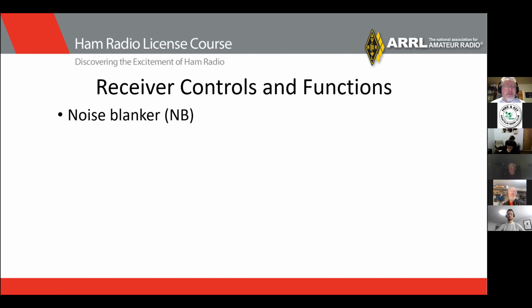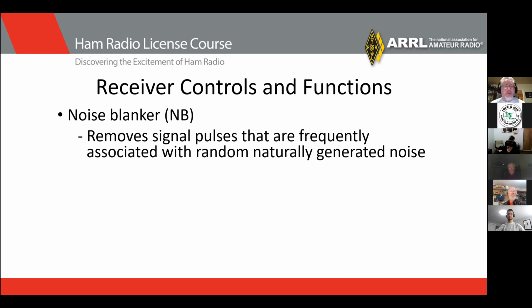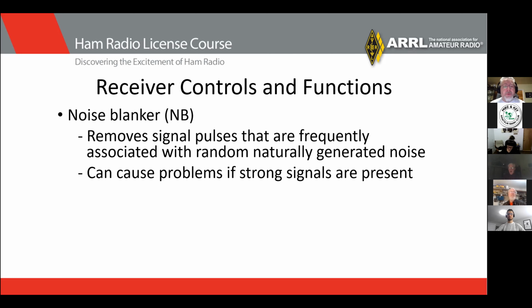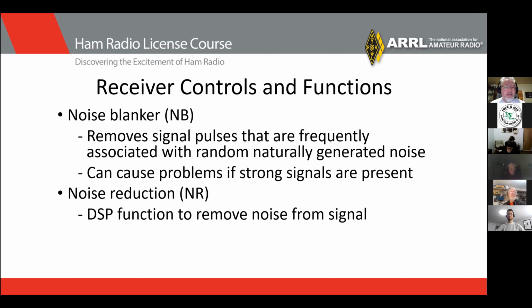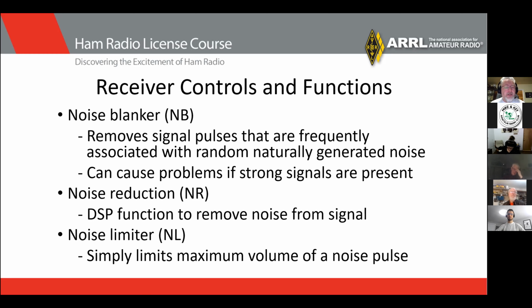There's noise blankers, or NB, which removes signal pulses that are frequently associated with random, naturally generated noise. Can cause problems if strong signals are present. There's noise reduction, or NR, which uses a DSP function to remove noise from a signal. There's a noise limiter, NL, which simply limits the maximum volume of a noise pulse.